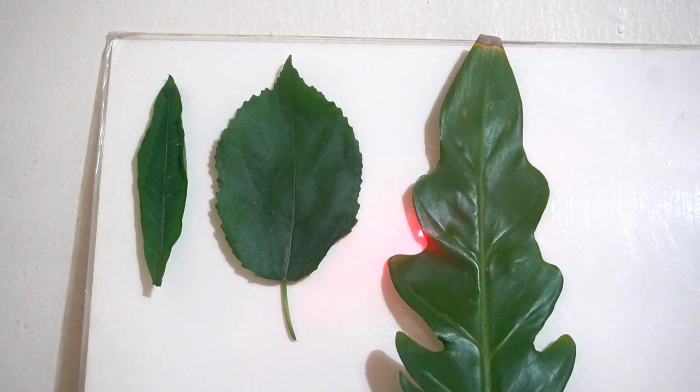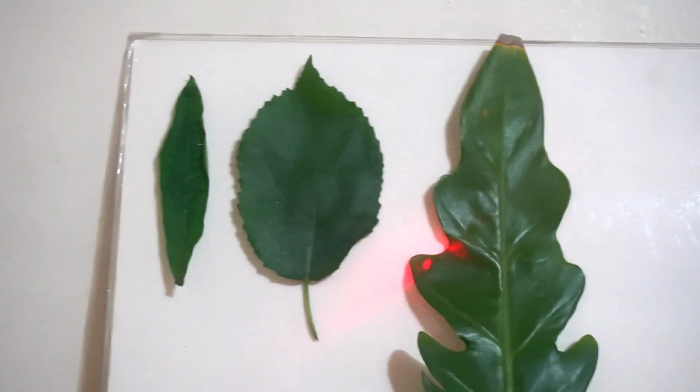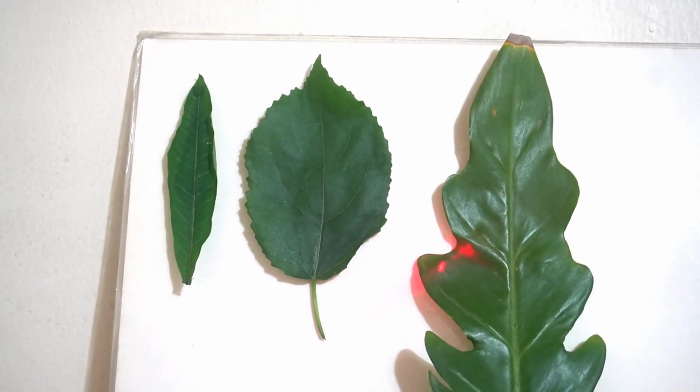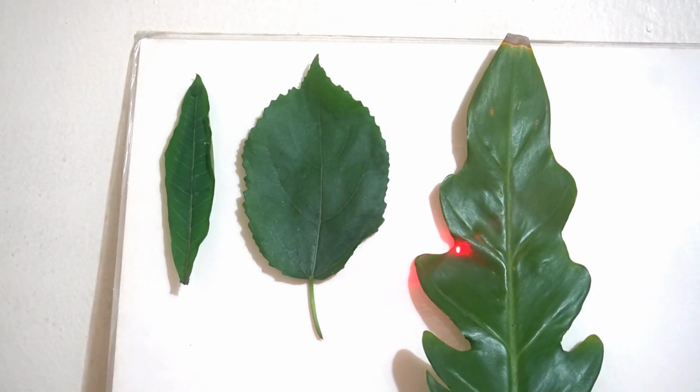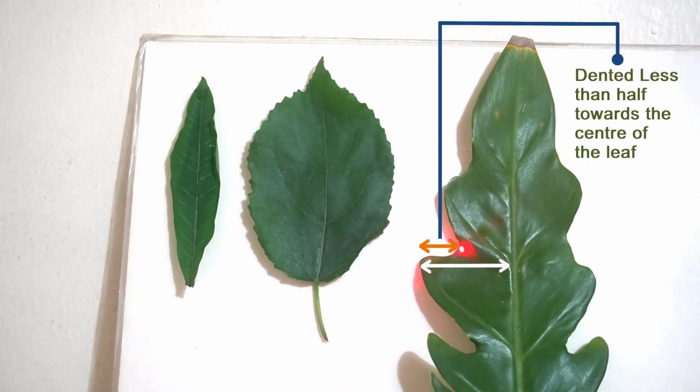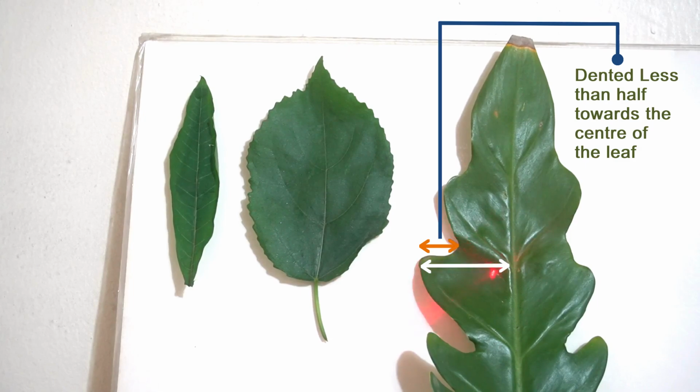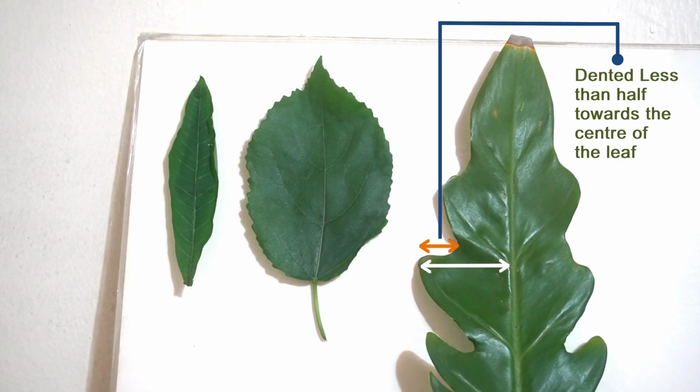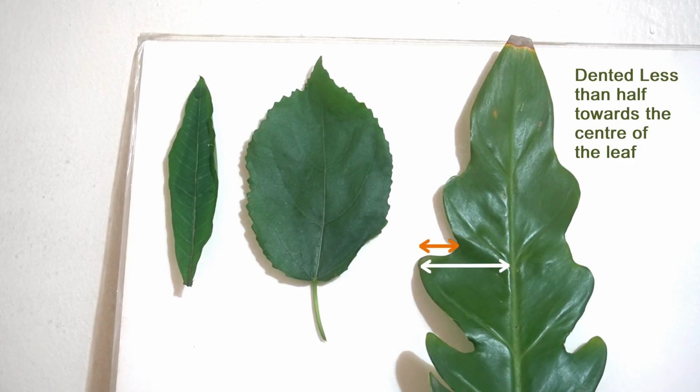It's dented further in, more than we have it here, but it doesn't get all the way to about half. It's dented just less than half towards the center of the leaf. So it's called pinnately partite indent, less than half to the center. But then there are other leaves.